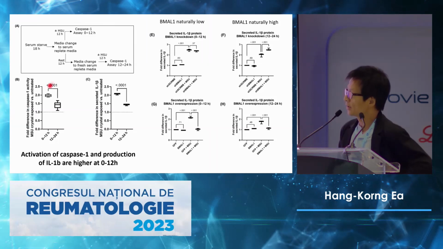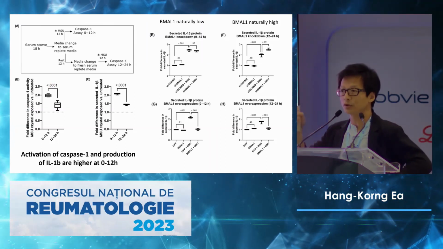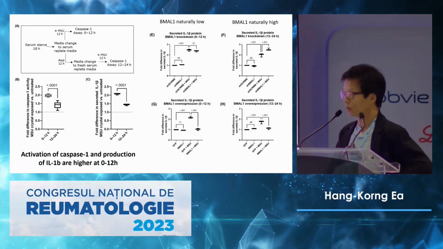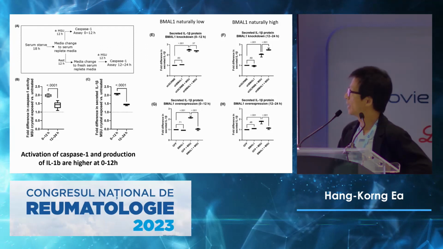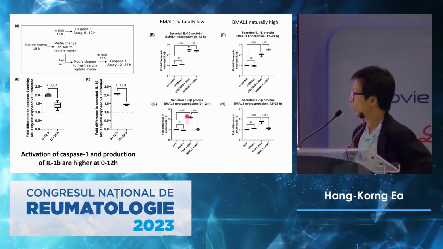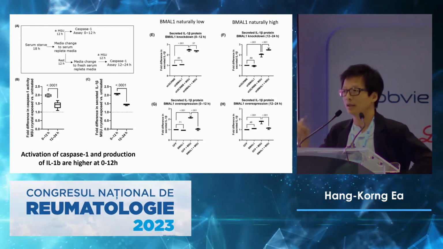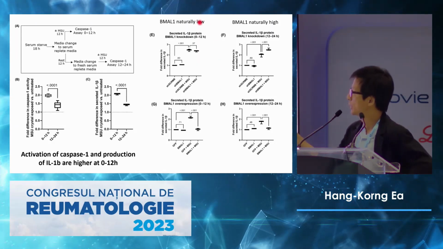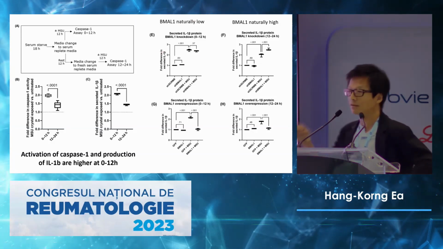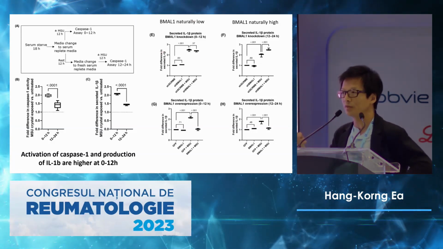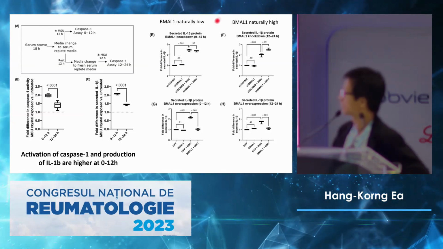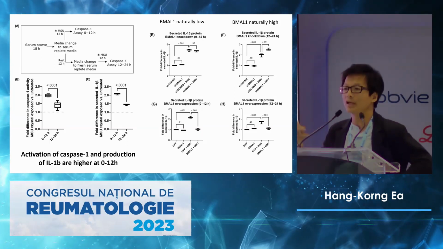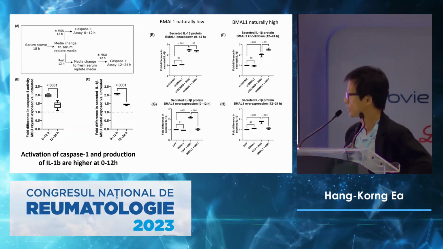You see that the effect of the crystals is more important during the first phase, where normally the BMAL expression is low. And when we knock down or overexpress BMAL, the main regulator of the circadian clock, when BMAL is naturally low, the deletion of BMAL did not affect the crystal effect, while the overexpression will reduce the effect of the crystals.